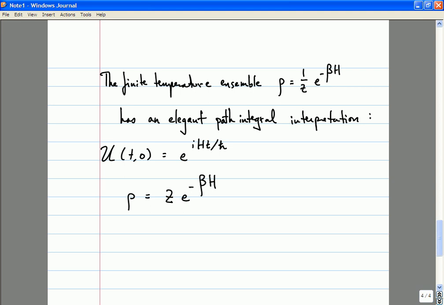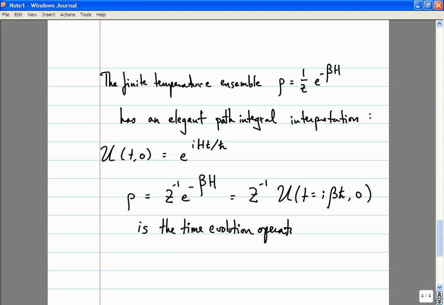So in particular, we see that rho is a unitary time evolution operator if we evolve from time t equals 0 to some imaginary time equal to i beta times h bar. The density operator is the time evolution operator in imaginary time.